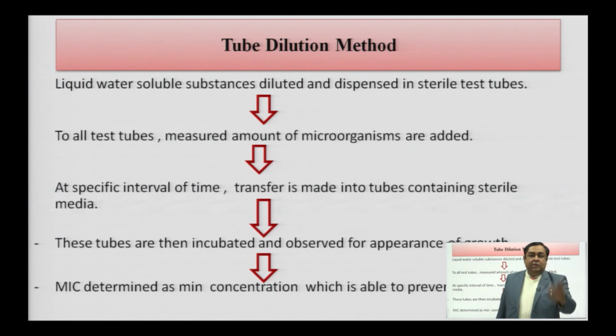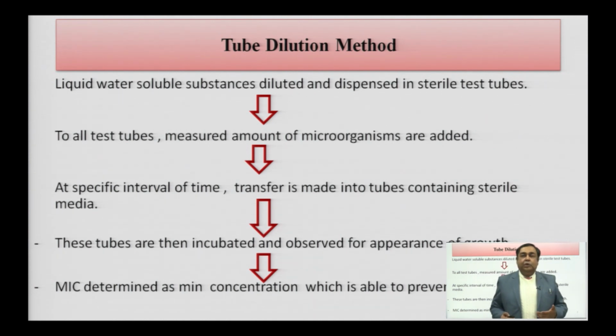The next method is called the tube dilution method. The name easily indicates that you will have to prepare a series of dilutions in test tubes in a liquid media. In the previous method, we used a solid media, which was nothing but agar. Here we have to use a liquid media.